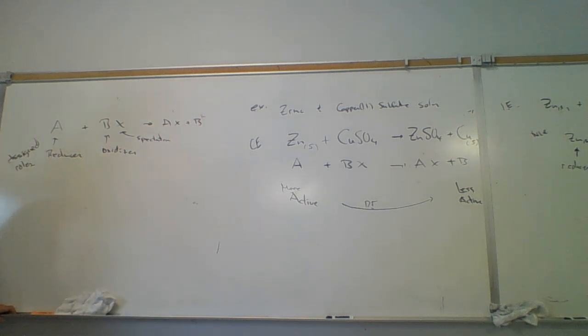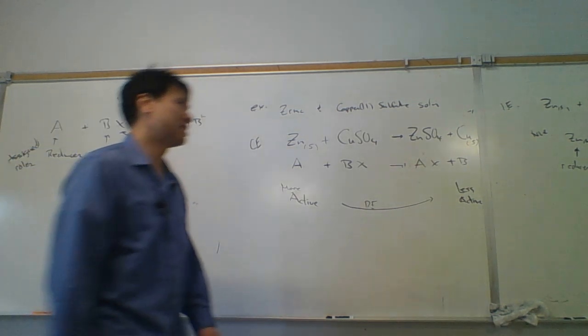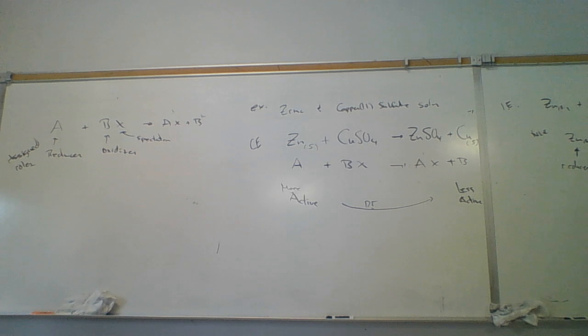Now, when we do these reactions, we compare things. So, for example, here, we always think of a competition between the forward reaction versus the reverse reaction. Which side is more favored? In other words, which side is more stable?